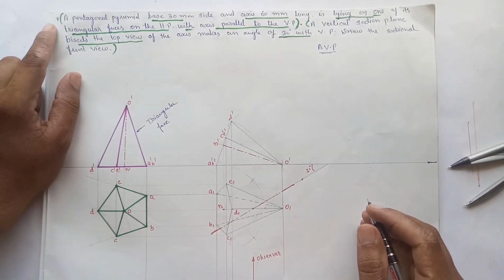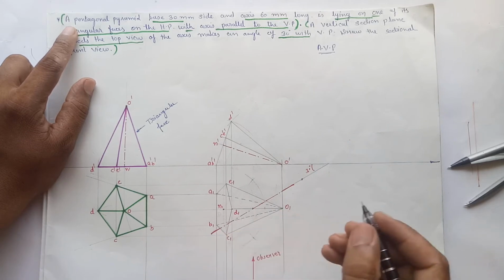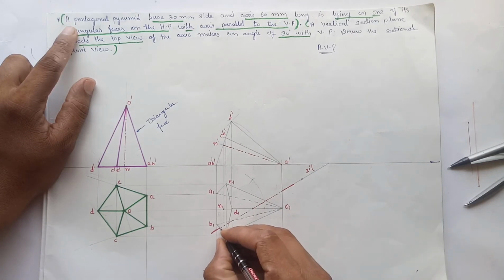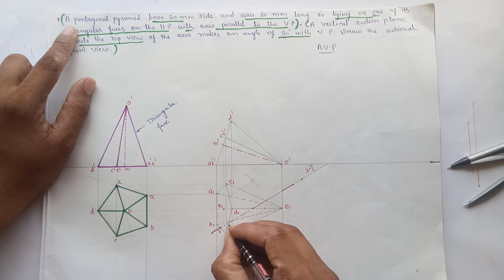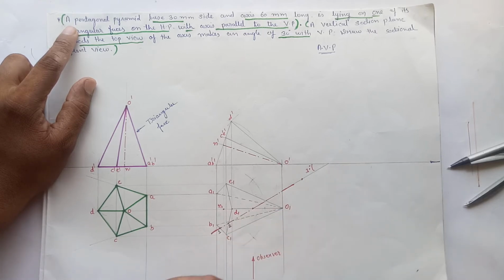So let us show the points of intersection of the cutting plane with the pyramid, starting from the visible part. Starting from this point, this is 1, this will be 2. Here is a hidden outline. We will give the names on the hidden outline when we come backward.